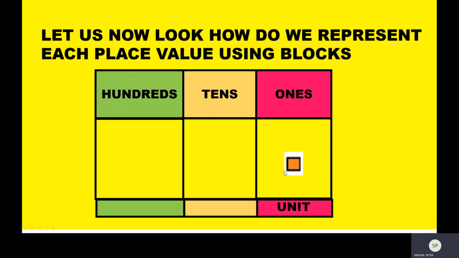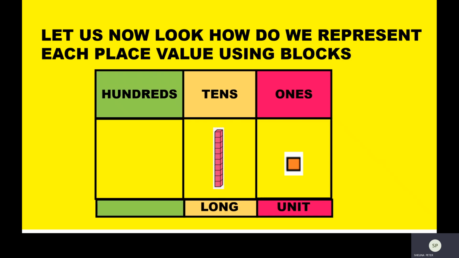Now carefully look here. In this unit block you can see only one box. Now let us go to tens place. So to represent tens, we use a long block. So what do we use? A long block.